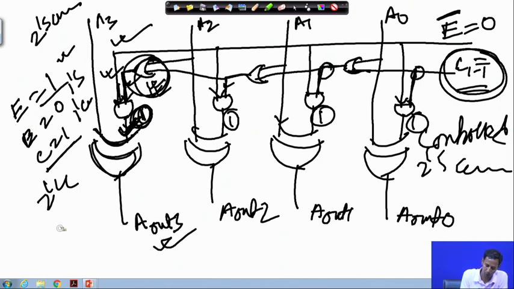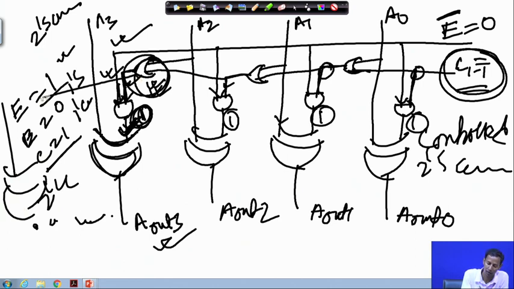At the final stage we get these values here through an AND gate, and that will be ORed with the carry in generated from the OR gate, and then that will be ANDed with the enable signal, and you can get the corresponding 2's complement value output.